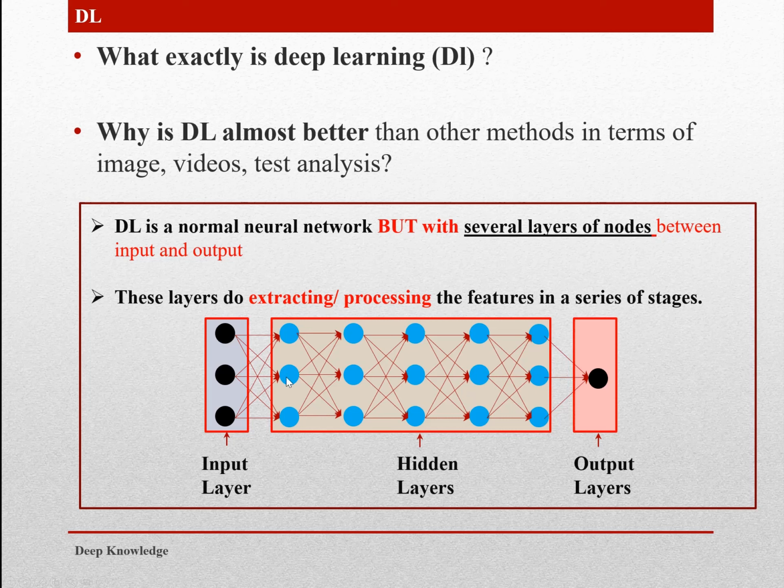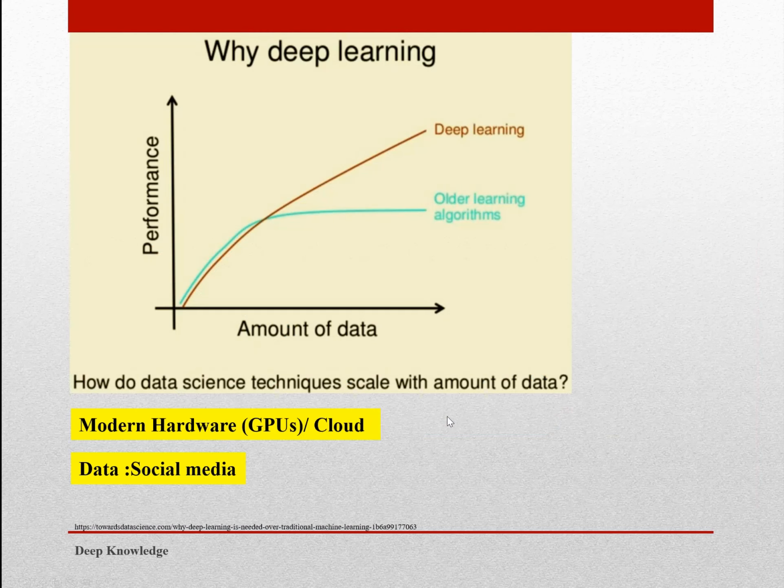The hidden layers plus the output layer, so it will be 6 layers. These hidden layers try to extract and process the features. As we said in the beginning, feature extraction is done in the hidden layers.